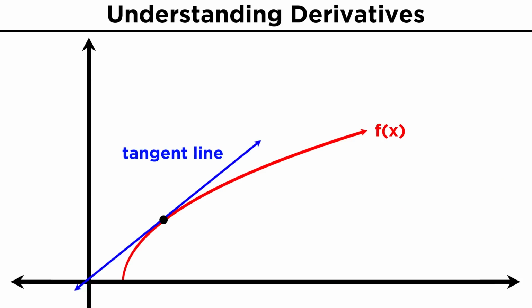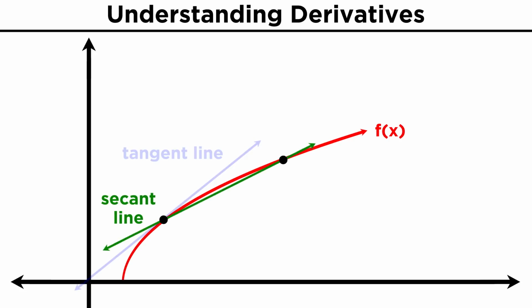Now, looking at the tangent line again, let's formalize this a little bit more. Remember that our method involved choosing a second point on the curve. We can give the first point the coordinates a, f of a, and the second point can be x, f of x.